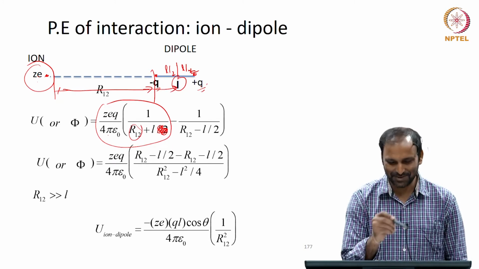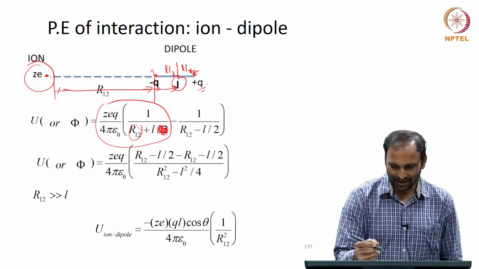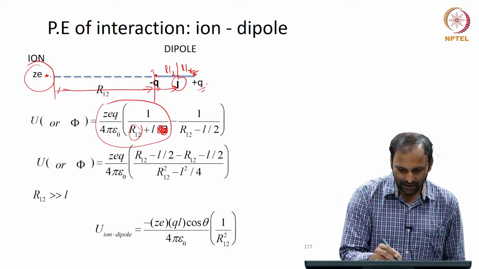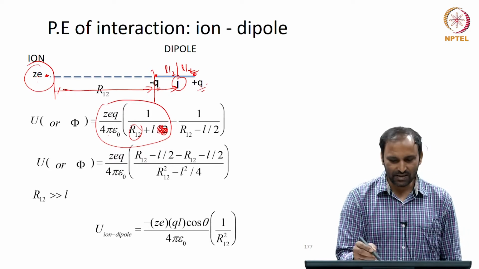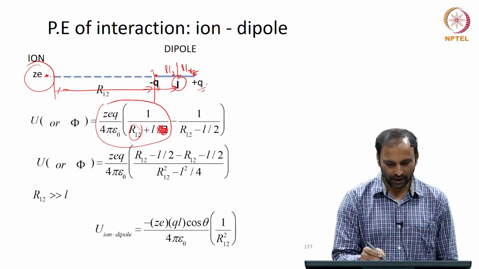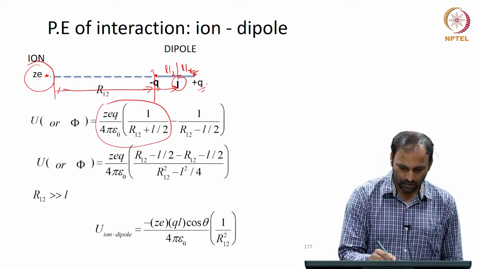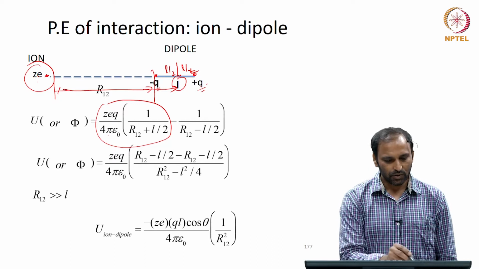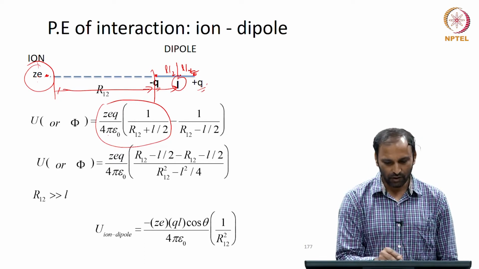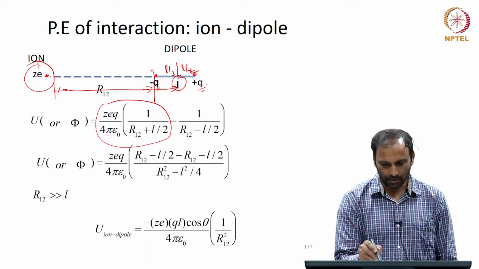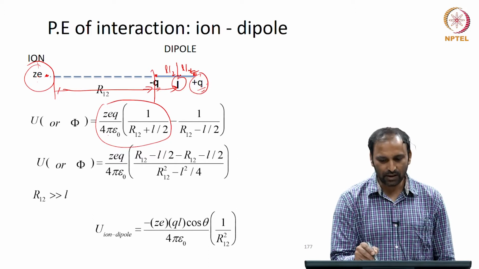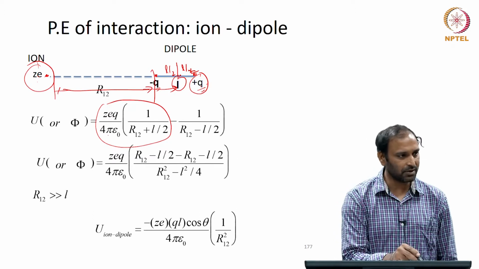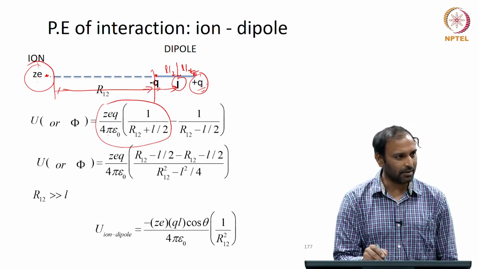So, now if I look at this, let's say that R12 is the distance from the center of the dipole to the ion. Therefore, the distance that the plus Q is from the ion is R12 plus L by 2.